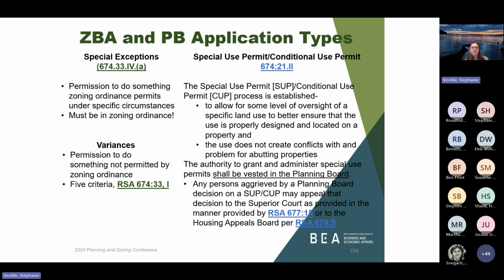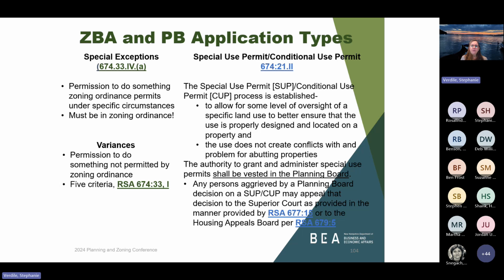So when you're working with a special use permit or a conditional use permit, it is allowed through the zoning ordinance, but it's also to allow some level of oversight on a specific land use, to better ensure that use is properly designed and located on the property, and the use does not create conflicts with abutting properties.